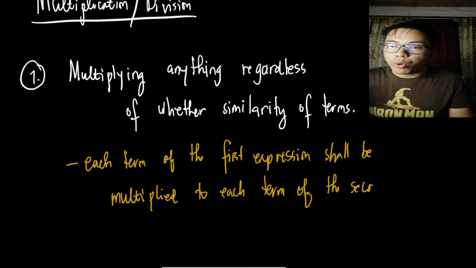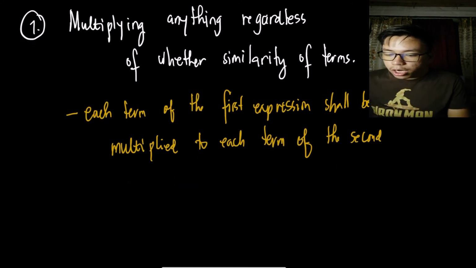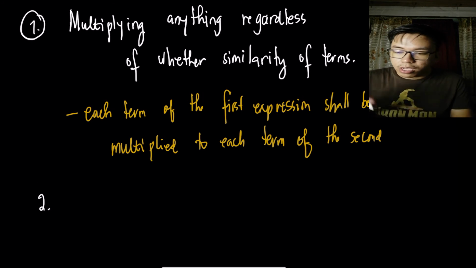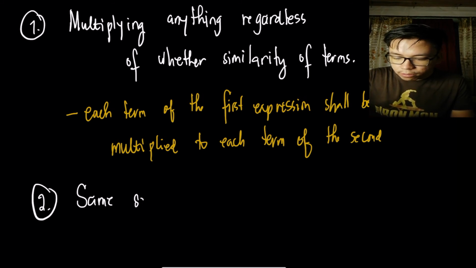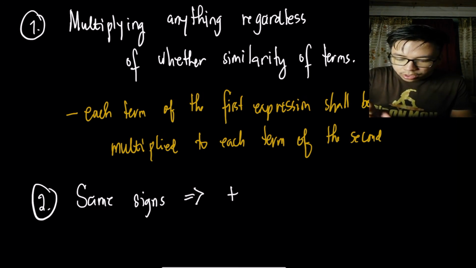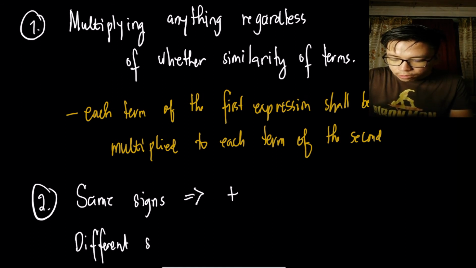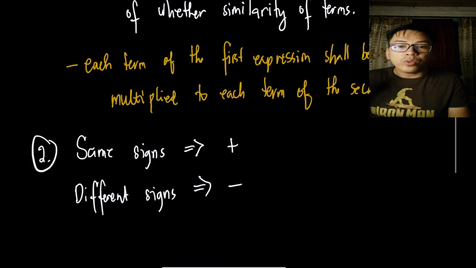So if you're multiplying more than two expressions, then do the same process when you're done multiplying the first two. And then here's another rule. Same signs, you get positive. Different signs, you get negative. When I say same signs, I'm referring only to two terms.